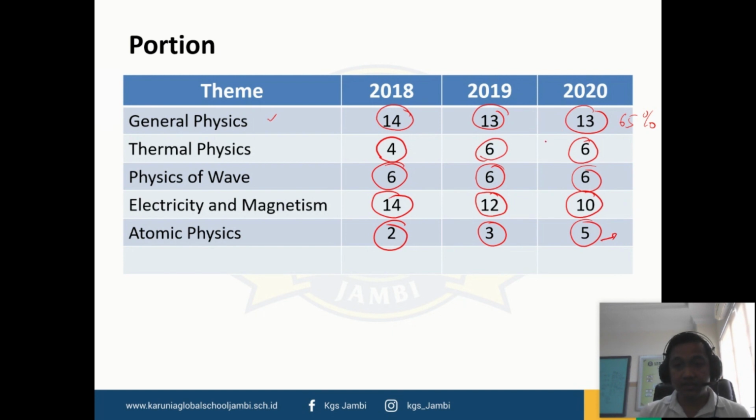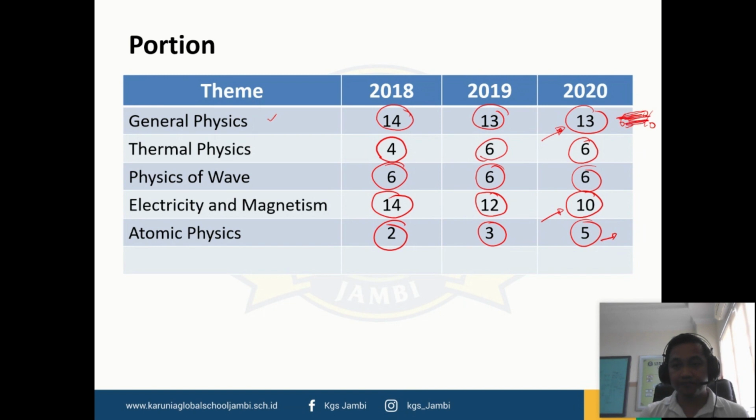So that means if you are good in general physics, it will give you a higher chance to get a good score. And if your capabilities in electricity and magnetism are good, this will also give you a better chance. 13 out of 40.